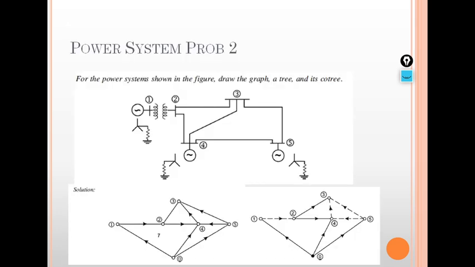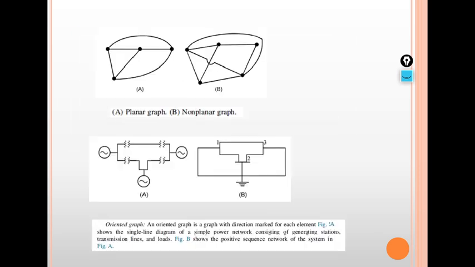To show this, here is another graph. Now, planar graph and non-planar graph. From this you can see this is a planar graph, and where there is an intersection, a crossing that is not a node, that is the non-planar graph. And this is the oriented graph.